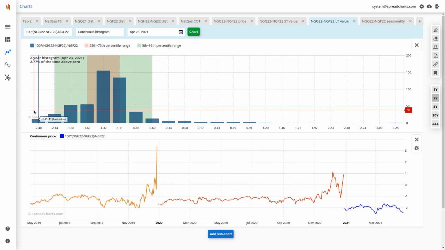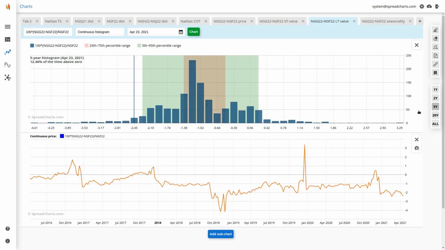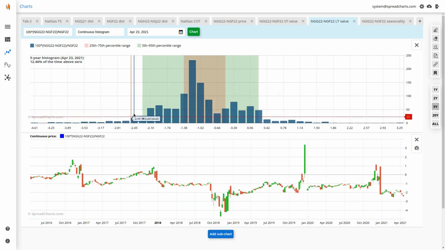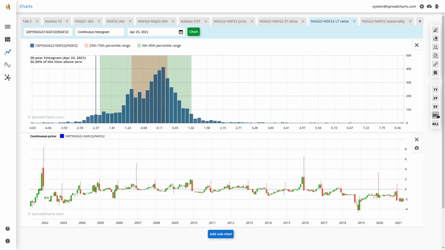And you can see that both from the 2-year and 5-year perspective, the current value is on the left side, it's even below the 5th percentile, which means the spread is heavily oversold.